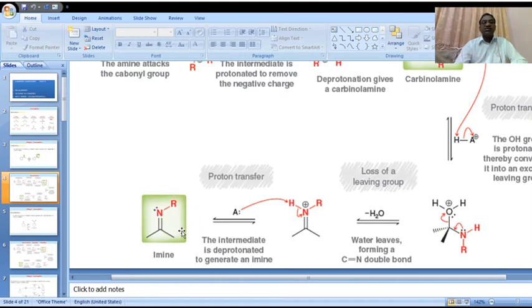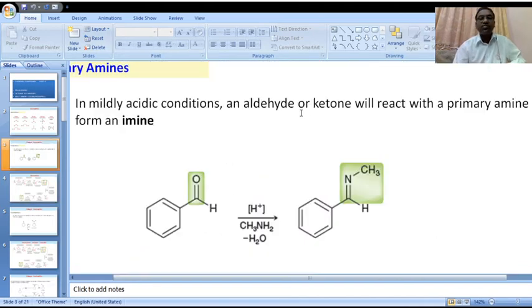This is the final compound, imine. Benzaldehyde, on reaction with a primary amine in the presence of acid, forms an imine. This is the final compound.